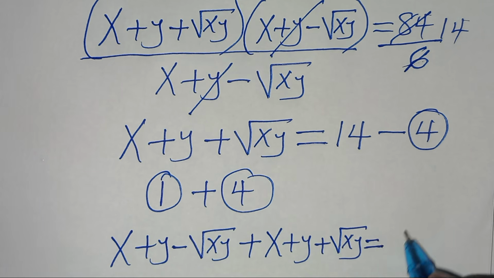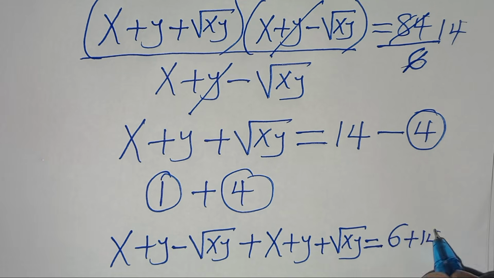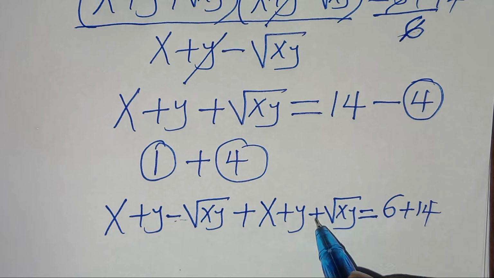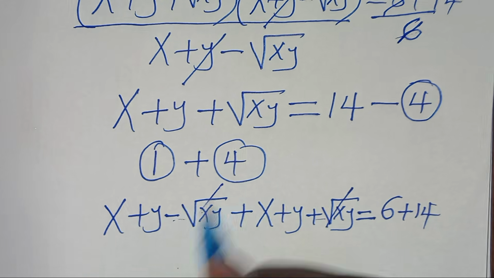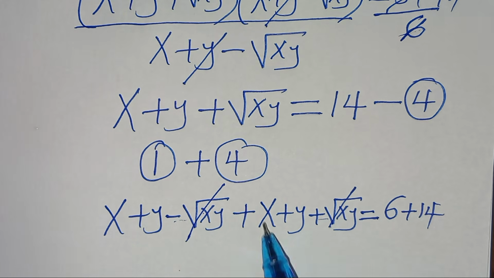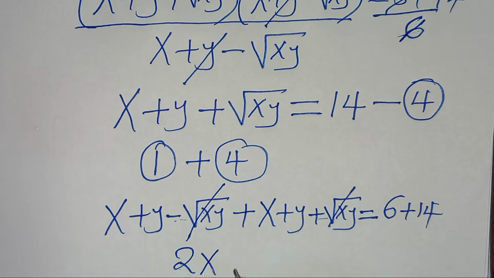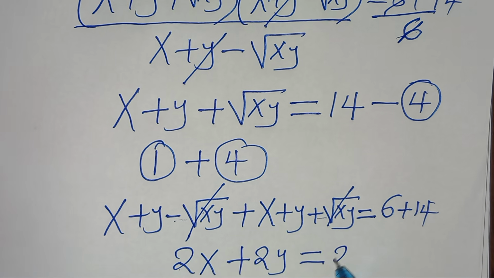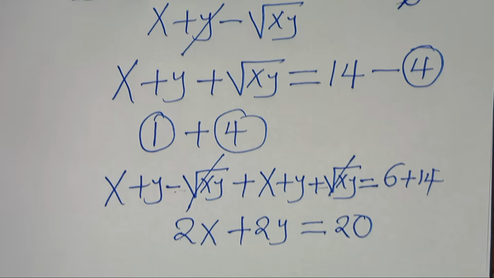This is equal to 6 plus 14. So negative square root of xy plus square root of xy cancel. This simplifies so that we have x plus x, this is 2x, then y plus y, this is 2y, and this is equal to 6 plus 14, which is equal to 20.